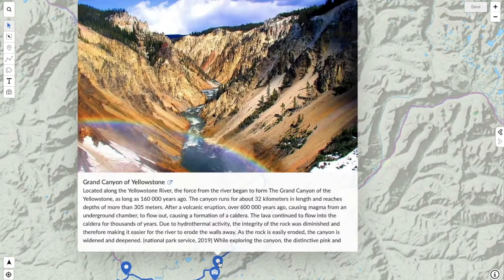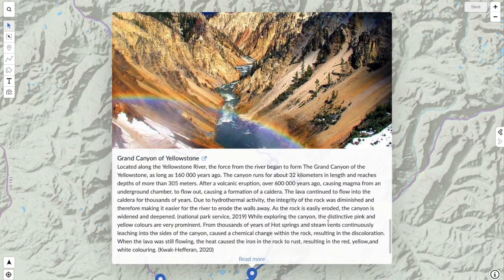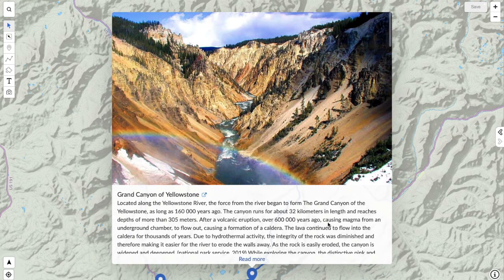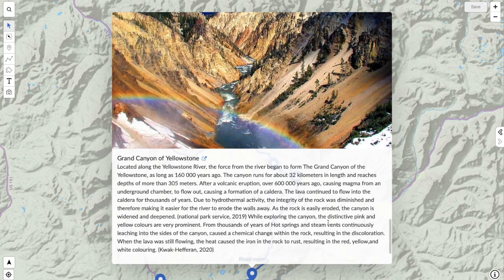I'll be explaining Lower Falls too, but I'll be explaining the Grand Canyon of Yellowstone. So it's pretty much 160,000 years old since it was formed. It runs for about 32 kilometers in length, and it reaches a depth of more than 305 meters. So it was caused after a volcanic eruption about 600 years ago, and causing the formation of the caldera, as Marcus explained.